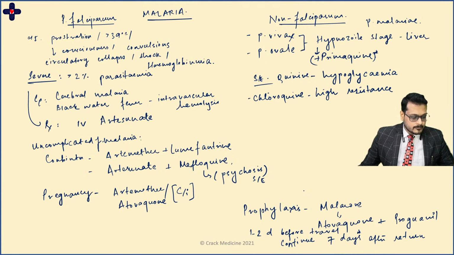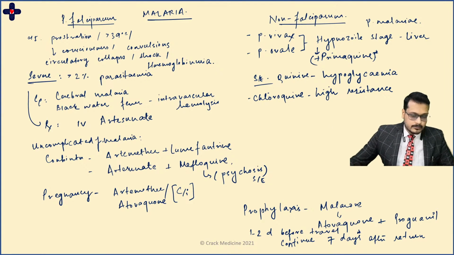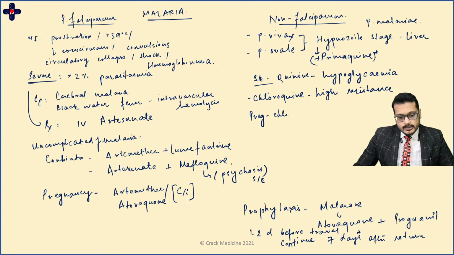Okay. So in cases of pregnancy and non-falciparum malaria, you need to understand how you will treat a pregnant patient, because this is important. Please remember that chloroquine is not contraindicated in pregnancy as per RCP guidelines right now. This can be taken, but it also has high resistance. So remember that. You have to avoid both Malarone and doxycycline.